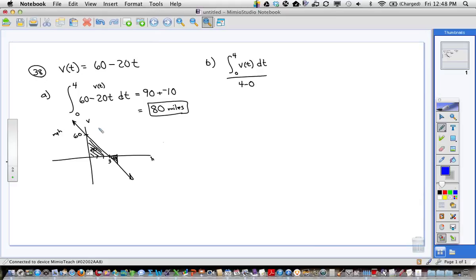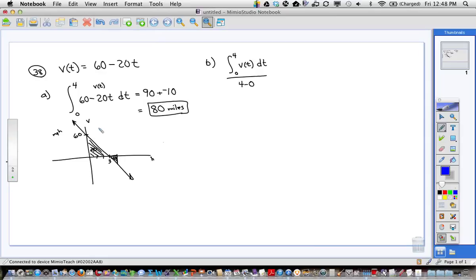Right? That's the formula we learned yesterday. The average value of a function is the integral of that function divided by b minus a. You've just got to know that. When you hear average value or the average of a function, that is the formula that comes to mind. Okay? It just has to.